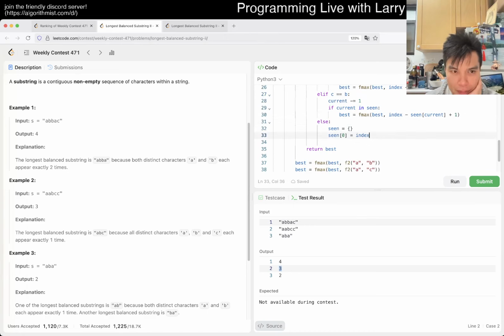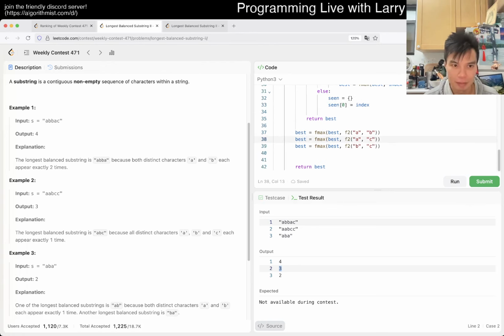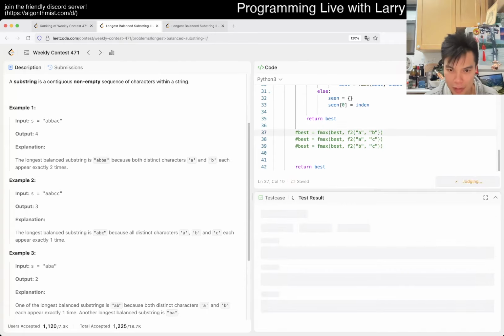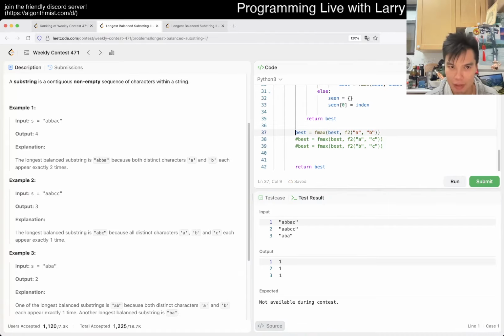Huh? Like that is just not right. Double check. Okay, it's not from that. So AB 4 is right. 1 is, wait, this is not right though.